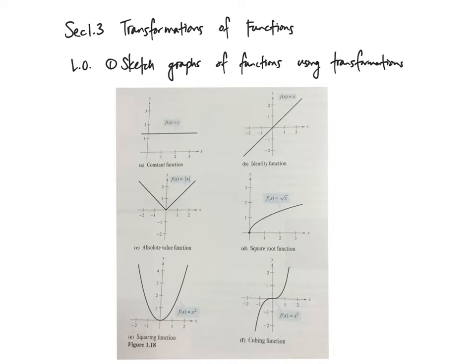Again, when you reflect a graph, it doesn't change the shape of the graph, it just changes the orientation of the graph. But then they talk about non-rigid transformations on page 102, and those are stretches and compressions. Those do change the shape of the graph. Not the nature of the graph, but it changes kind of how quickly it rises or stretches out and so forth.